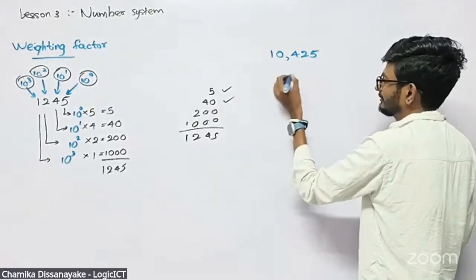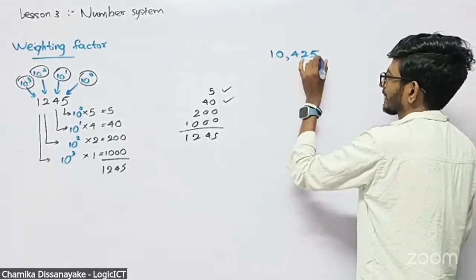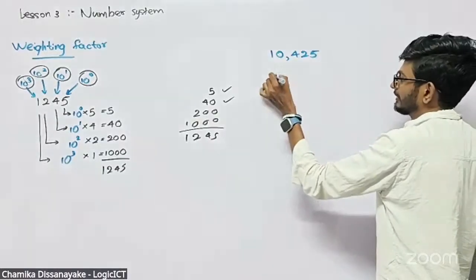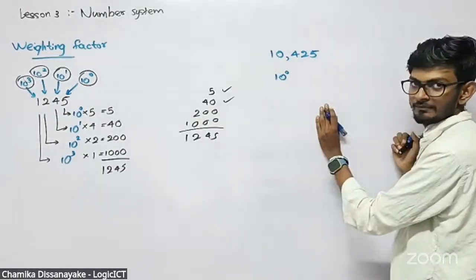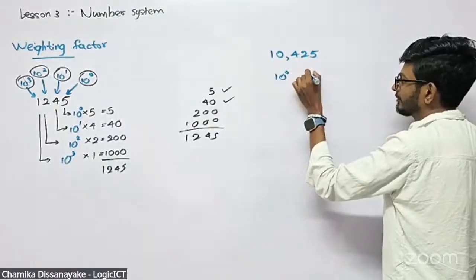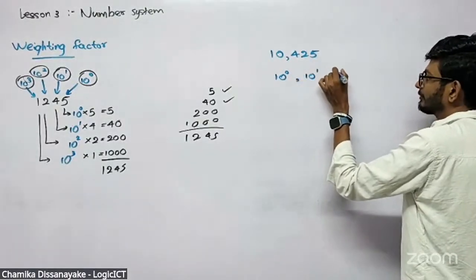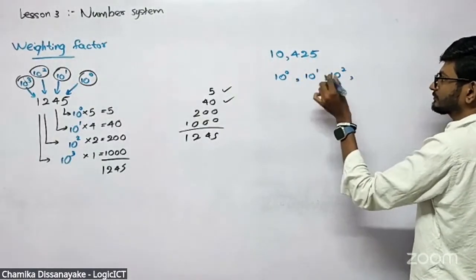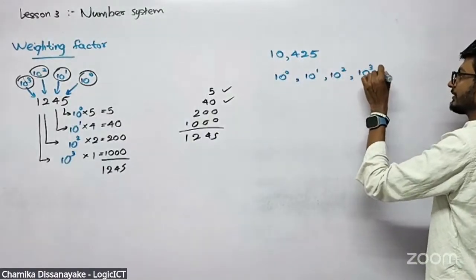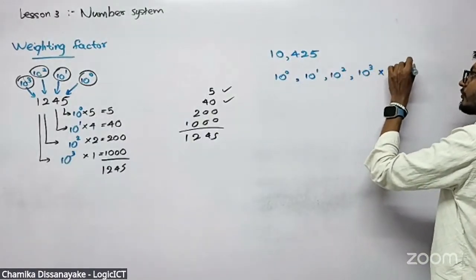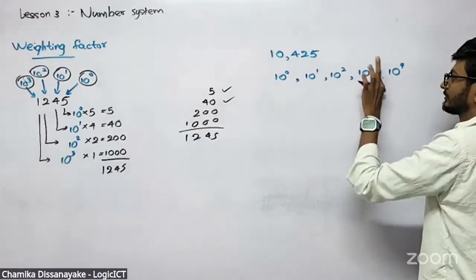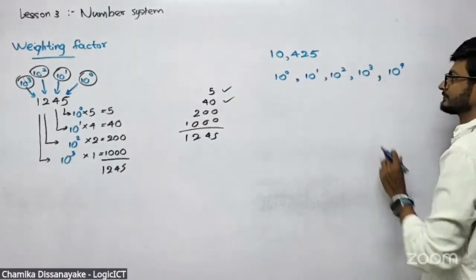So here we have 10 to the power 0, then 10 to the power 1, 10 to the power 2, 10 to the power 3, 10 to the power 4. Sorry, there should be commas.